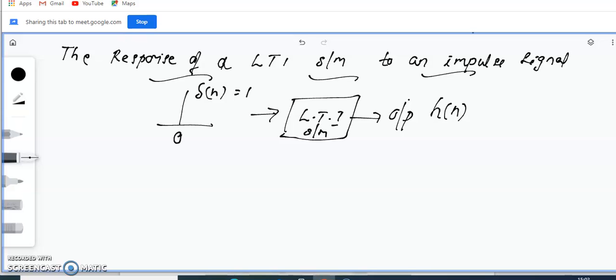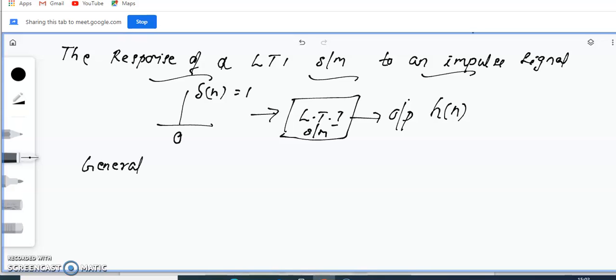Now, any signal can be represented as actually a combination of the delayed impulses. Okay, I will write it down because that is an important concept. Any signal, or general signals we can call.